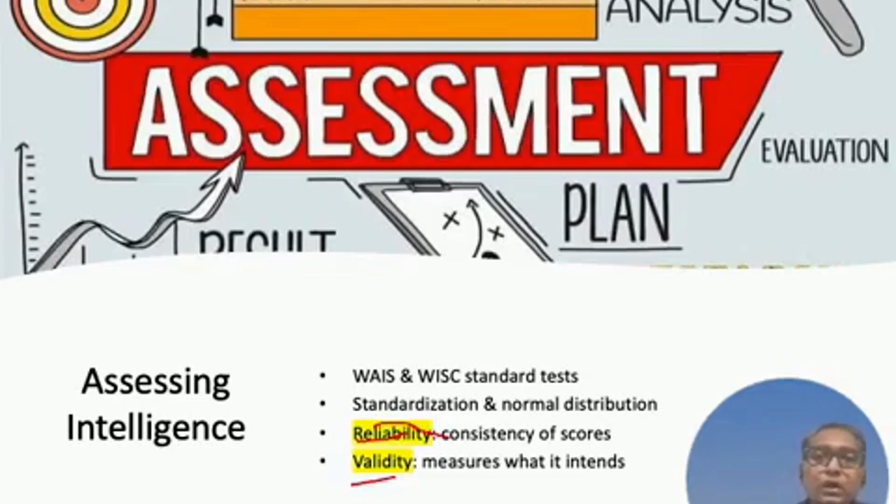Most of the measures are reliable in the sense that they are consistent in giving you the same number. But the question is the validity of it, meaning is it actually capturing what it says it is capturing? If the intelligence test is supposed to capture intelligence and it is consistently giving you the same numbers, it's very important to ask: is it valid? Is it measuring what it claims to measure?